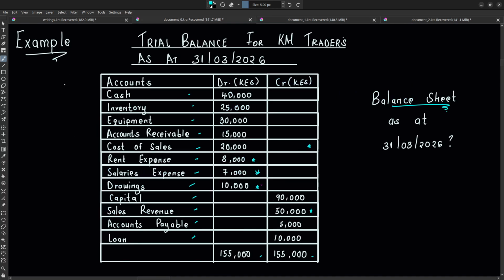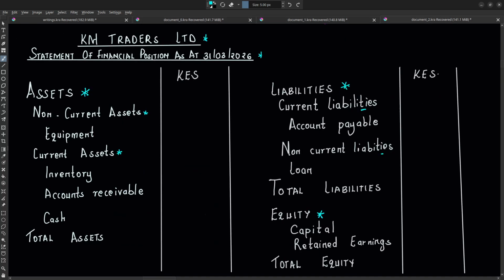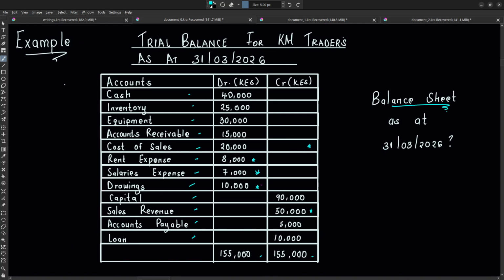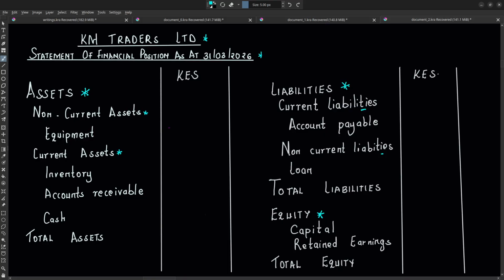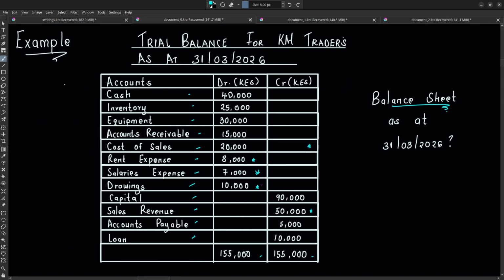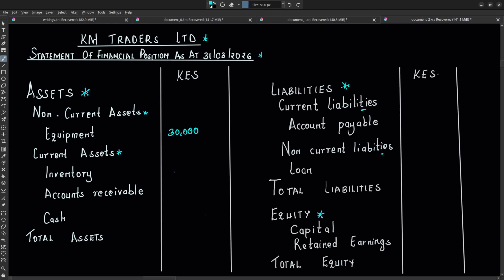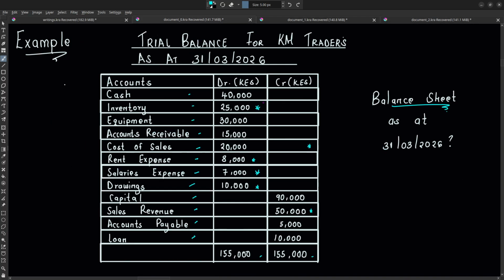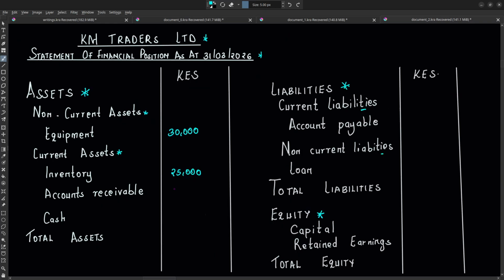For the non-current assets, we have equipment, and we have a balance of 30,000. And then what does our inventory have? Our inventory has a balance of 25,000. Our accounts receivable has 15,000.